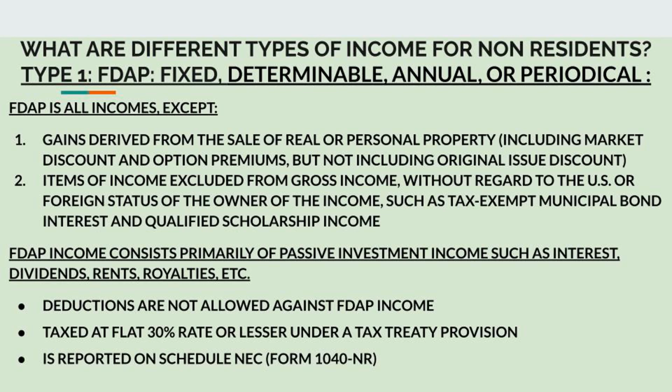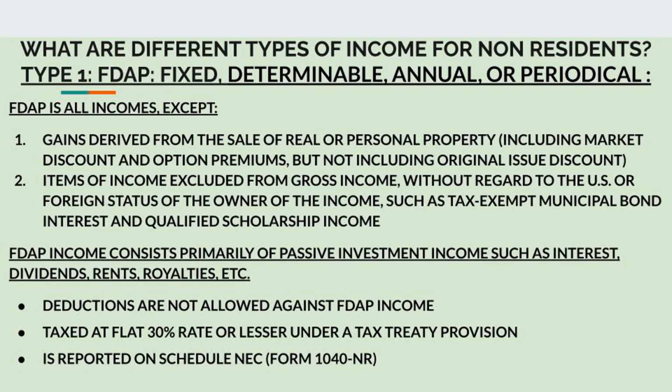By definition, FDAP is all income except gains derived from the sale of real or personal property, including market discount and option premiums, but not including original issue discounts, as well as items of income excluded from gross income without regard to the U.S. or foreign status of the owner of the income, such as tax-exempt municipal bond interest and qualified scholarship income.